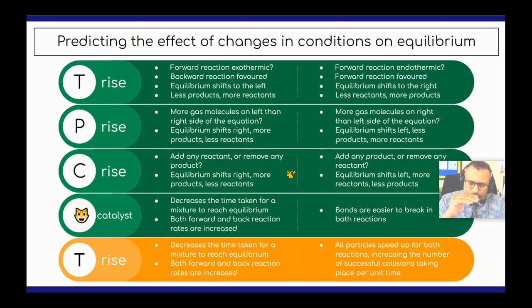Your reactants will start to deplete, and then your equilibrium shifts over to the right hand side as the products turn back to reactants. But if you keep raising the concentration of the reactants, that will help drive the equilibrium forward and over to the right hand side.